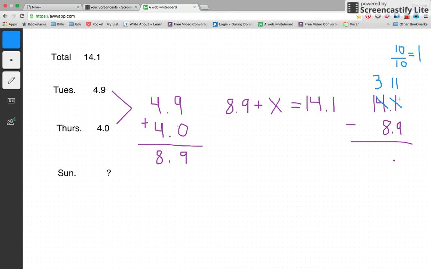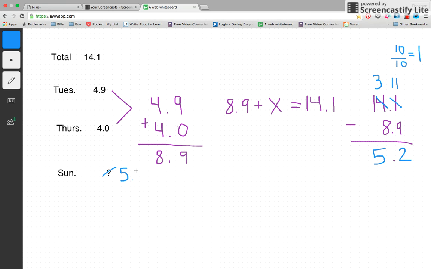Now I can subtract my 9/10 because I have 11/10. So 11/10 minus 9/10 is 2/10. And 13 minus 8 is 5, which is how I got 5 and 2/10 for my distance on Sunday. So Sunday I ran 5 and 2/10.